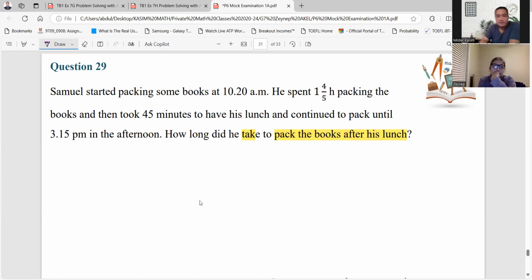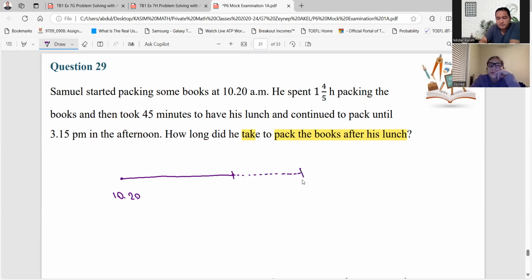For this kind of question, Zeynep, I suggest you draw a timeline. So here, Samuel started at 10:20, and now he is packing for 1 hour and 4/5 of an hour. After that it was lunch time.